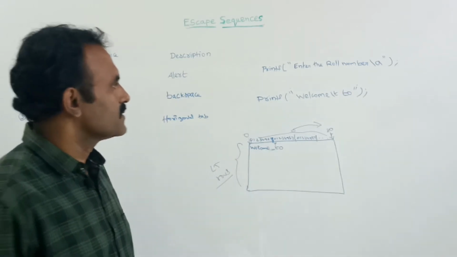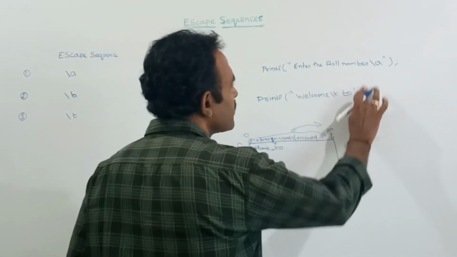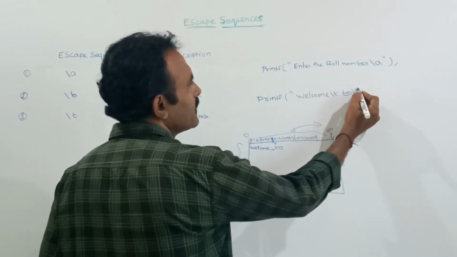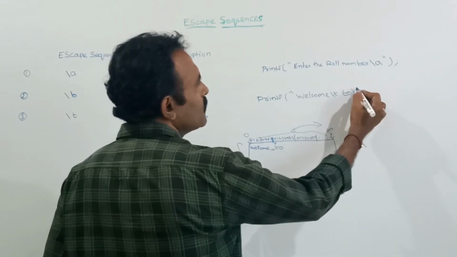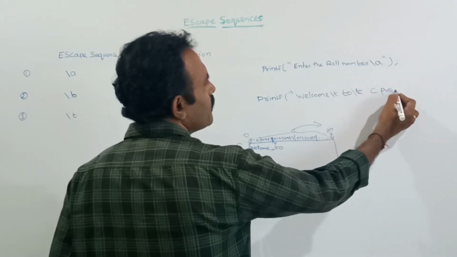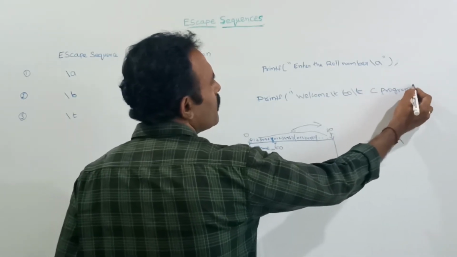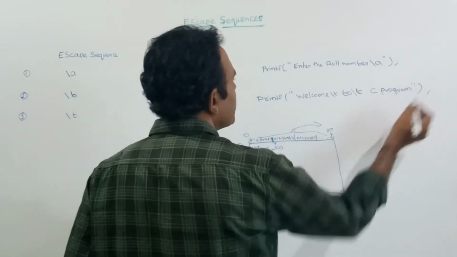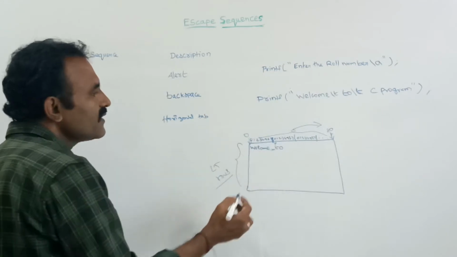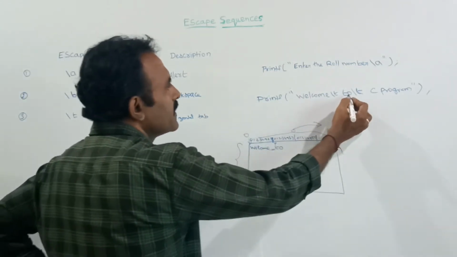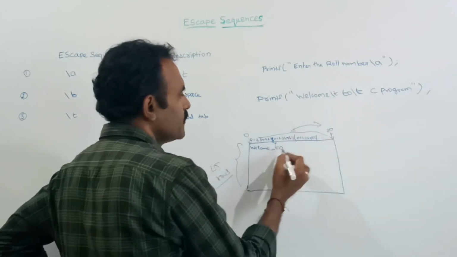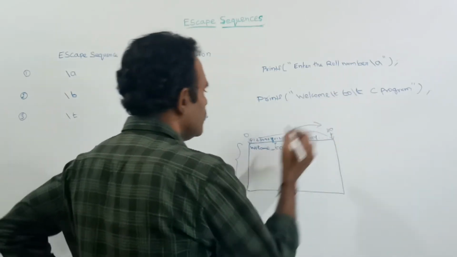Suppose here I am giving slash t, welcome to C program. In this case, welcome to. Now where is the current position? Welcome, after that it leaves one space, next t o 2.